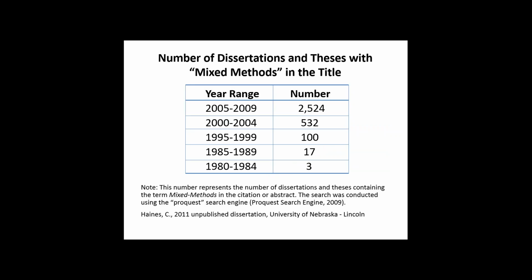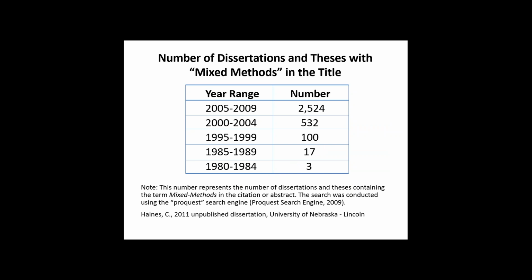Now, also, if you look at the dissertations and theses with mixed methods in the titles, you can see 1980 to 1984, it was 3, but then by 2005 to 2009, it's 2,524. Of course, these are raw numbers, so we don't know what proportion of the students it is.